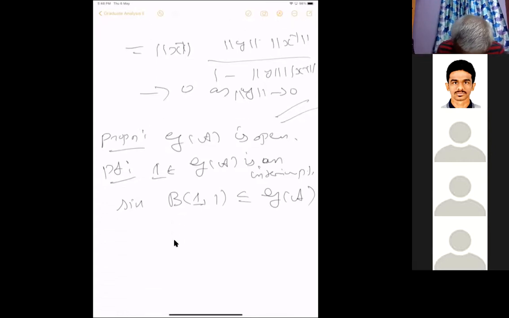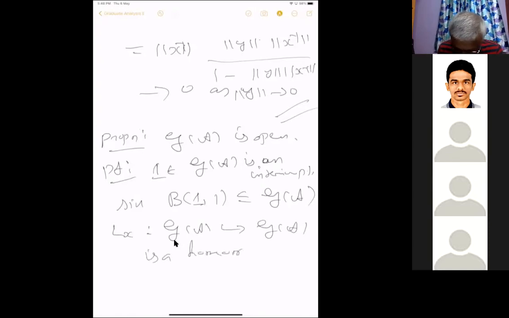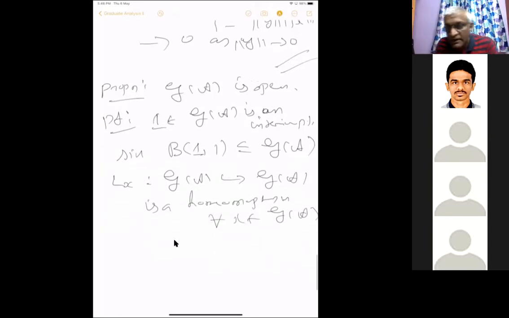But then we know that this L_x from G of A to G of A is a homeomorphism for all x in G of A. Right? I mean, it's clearly a homeomorphism. It's already a one-to-one map, and when you restrict, the inverse is continuous and all that.